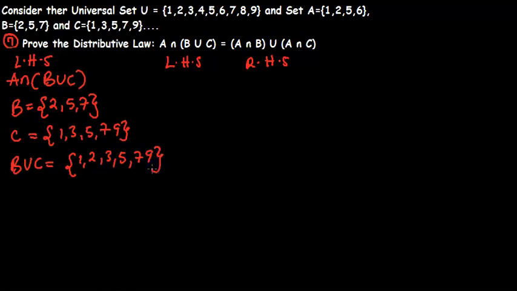Now that we know B union C, we need to find the elements of A intersection (B union C). Notice that the elements of A are 1, 2, 5, and 6.